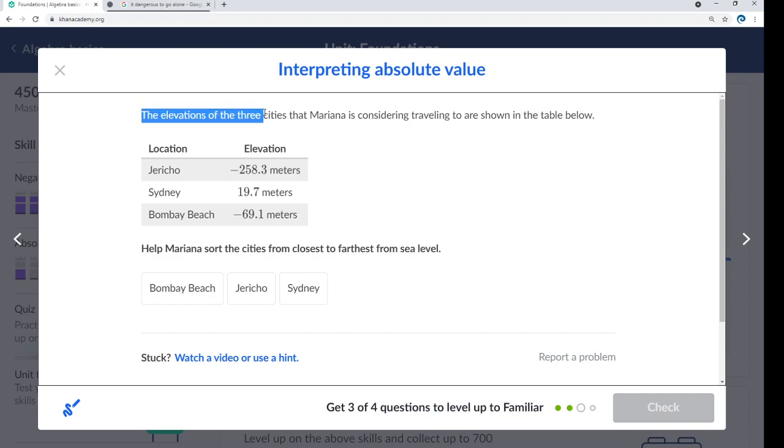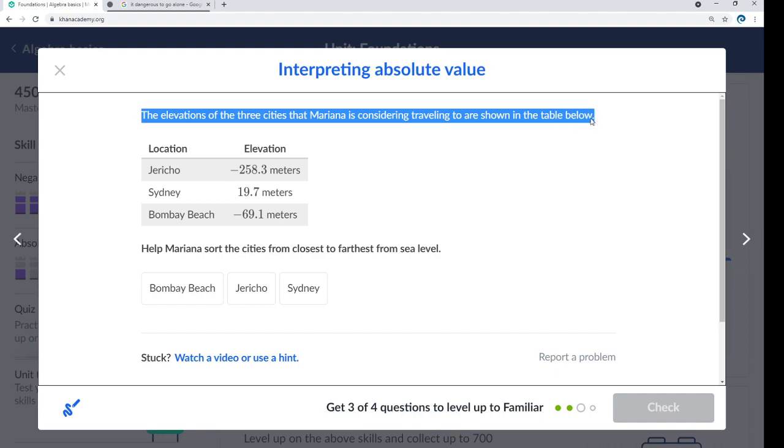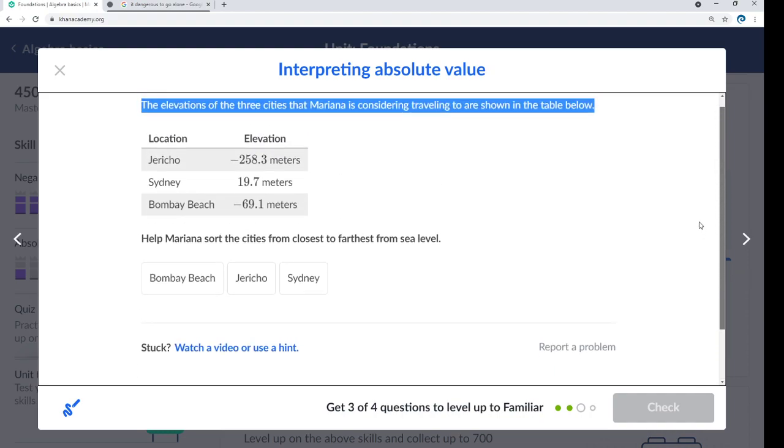The elevations of the 3 cities that Mariana is considering traveling to are shown in the table below. Help Mariana sort the cities from closest to farthest from sea level. Okay, so sea level is 0 meters, and we are attempting to sort from closest to sea level to farthest.